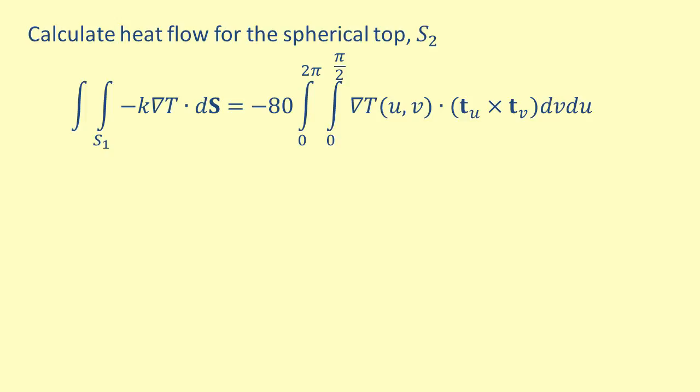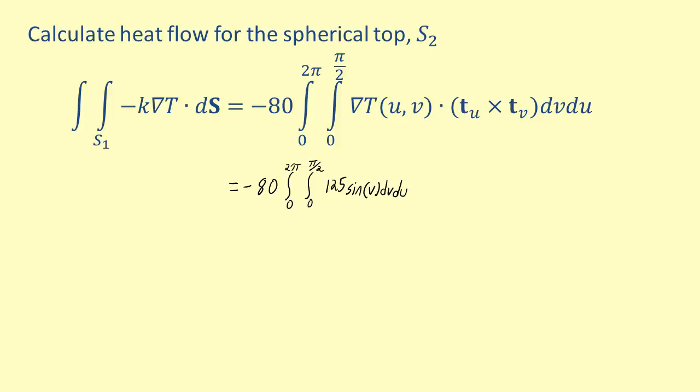Next, we set up our integral. Substitute in 80 for K and the limits on the integral, u from 0 to 2 pi and v from 0 to pi halves. Plugging in our previously calculated vectors, we get negative 80 times the integral from 0 to 2 pi of the integral from 0 to pi over 2 of 125 sine v dv du.